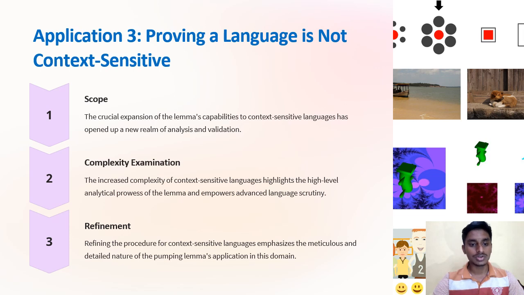Second, the complexity of the examination: the increased complexity of these languages highlights the high-level analytical progress of the lemma and empowers the advancement of language studies. The next is refining the procedure for context sensitive languages, given the multiple and detailed nature of the pumping lemma's application within this domain.